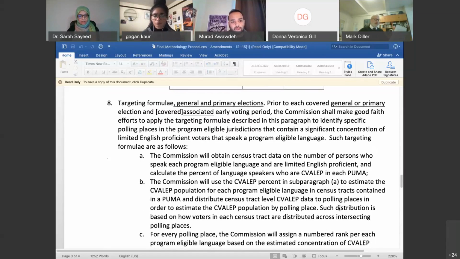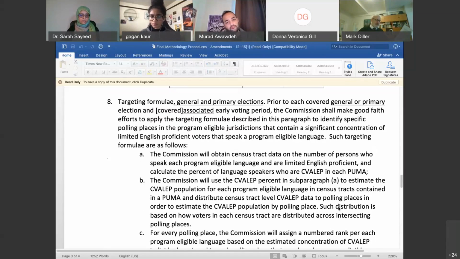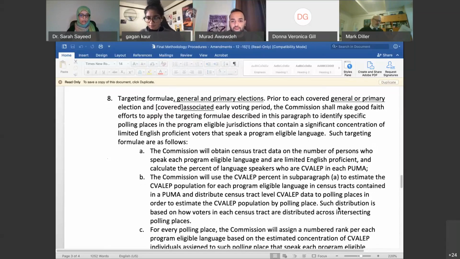It's making explicit that the methodology is specifically for general and primary elections, and it is also for the early voting period for the general and primary elections. Before that was not explicit. It was just targeting formula.